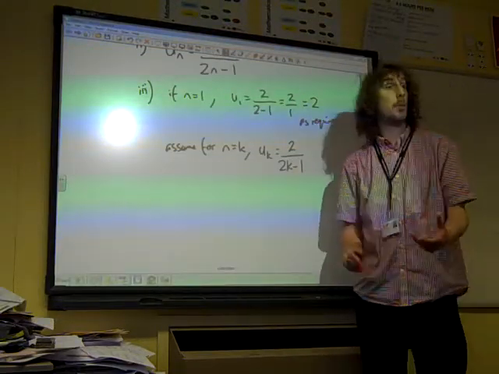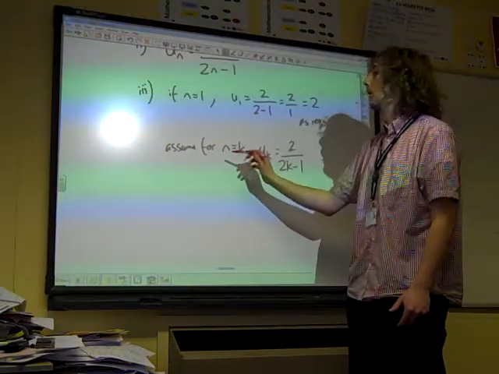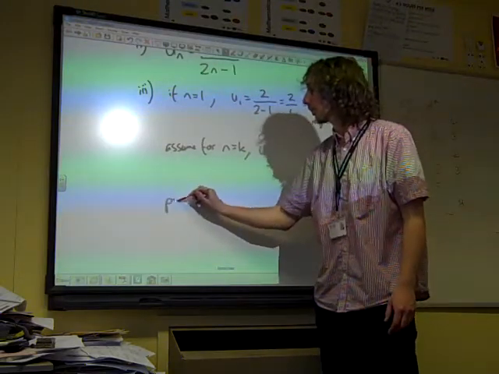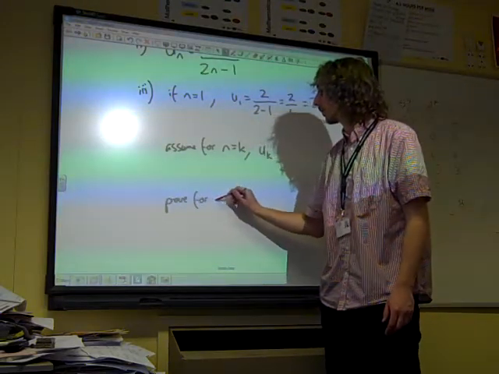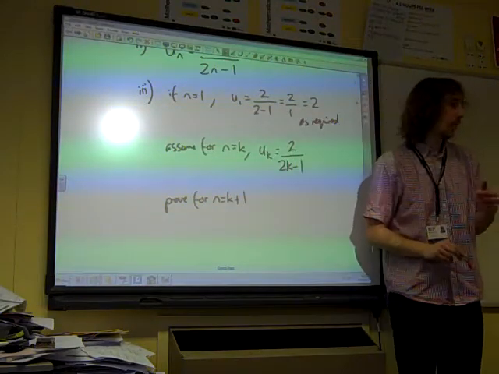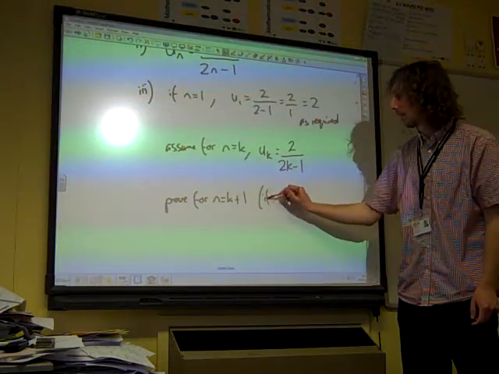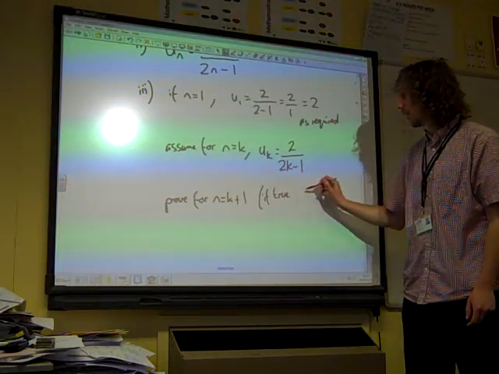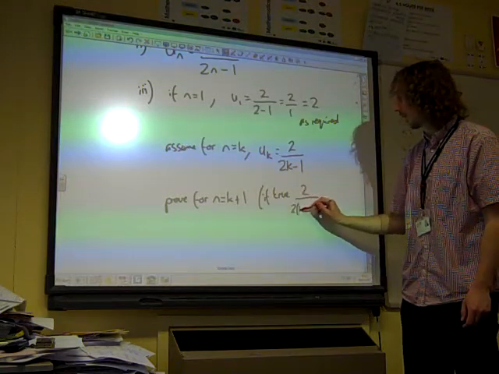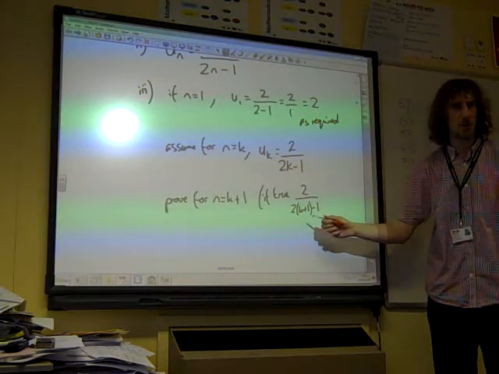The standard step: we need to show that this then works for n equals k plus 1. Now, if we give ourselves an idea of where we're going, we would get 2 over 2 lots of k plus 1 minus 1. That's what we've got to end up showing.